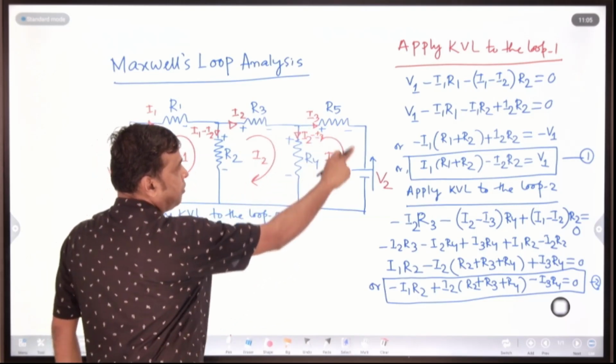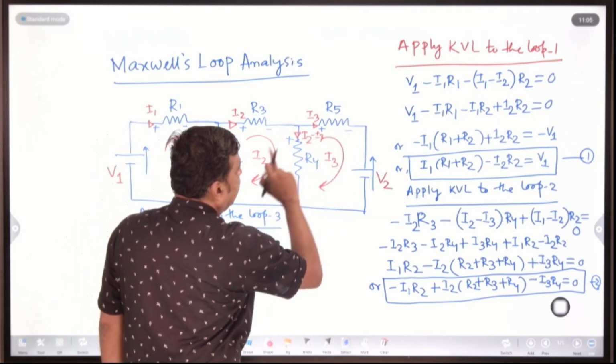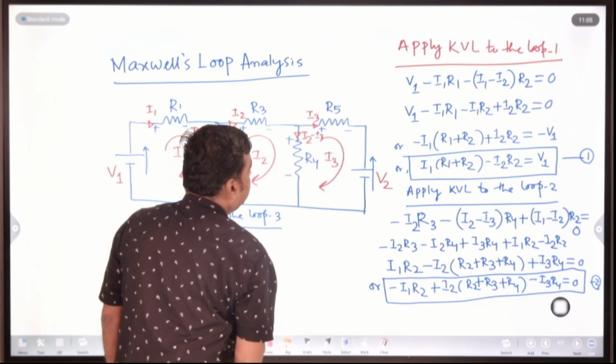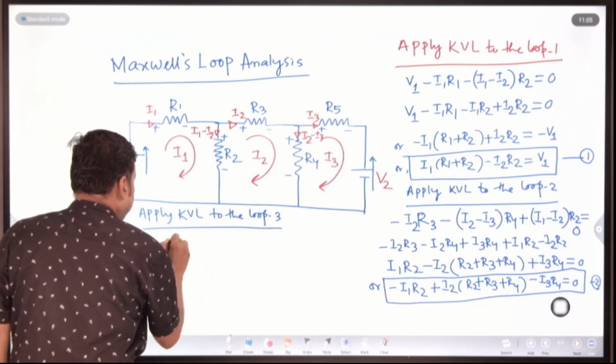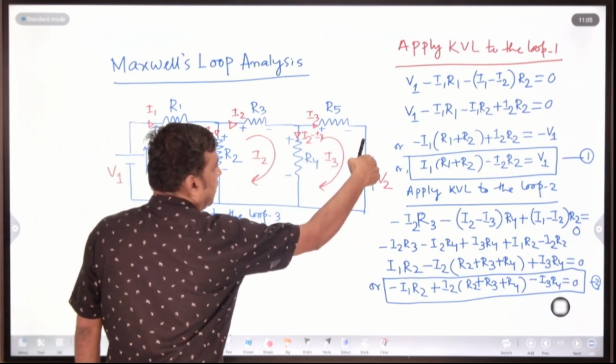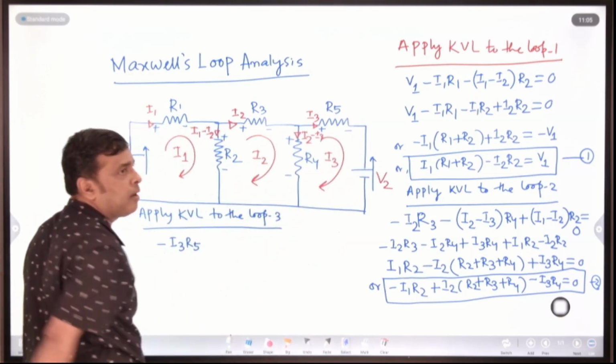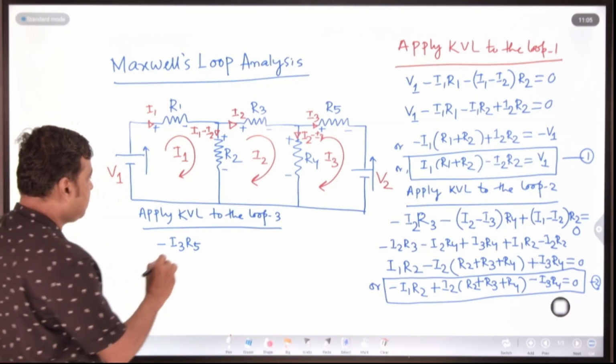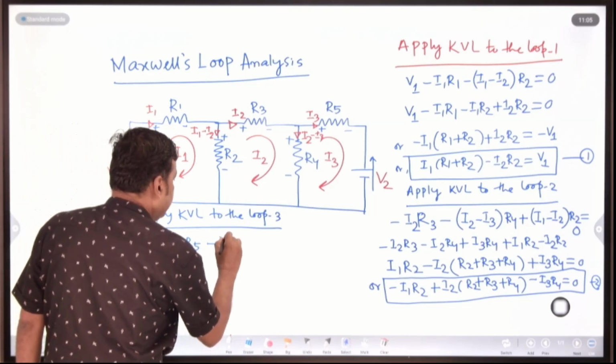If you move in a clockwise direction, plus to minus, minus I3 into R5. Then here plus terminal, minus terminal, plus to minus, so minus V2.